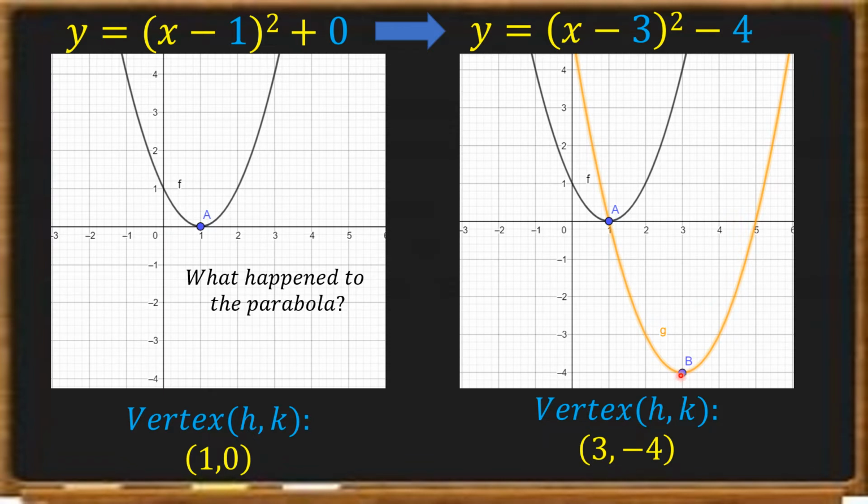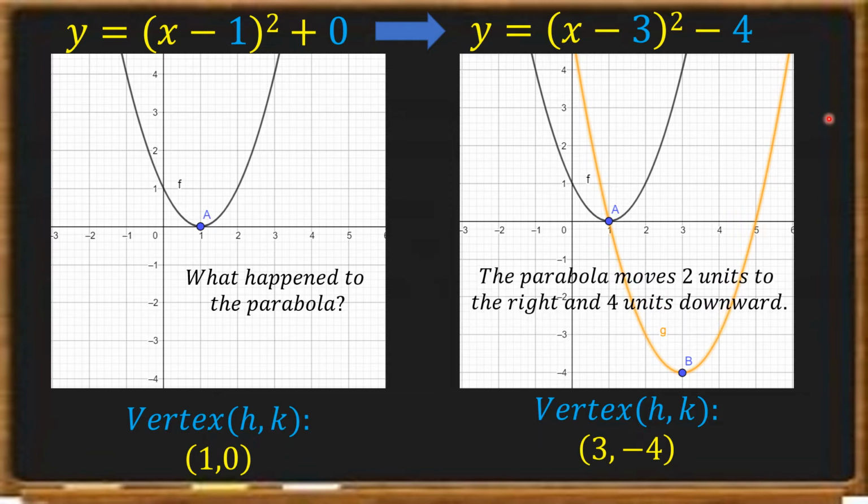Mula dito, nag-move siya ng dalawa to the right at nag-move siya 4 pababa. Yun yung nangyari sa parabolang to. So from this parabola going to this parabola, what happens? The parabola moves 2 units to the right and 4 units downward.